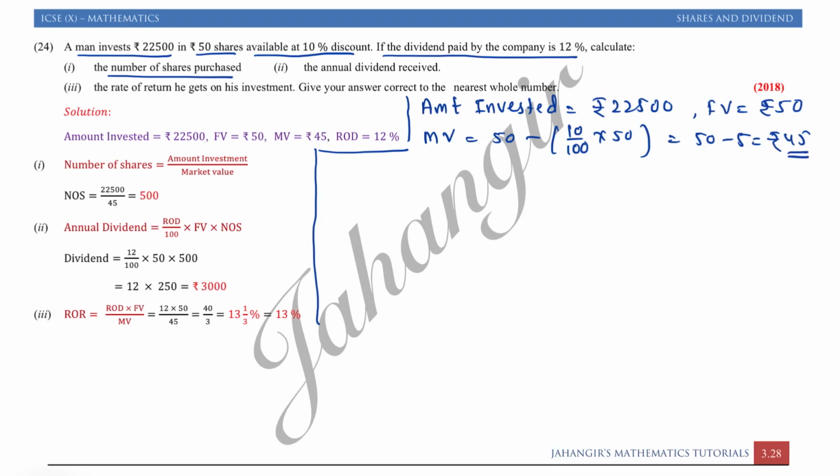So market value you got, face value we have, amount invested we have. The first part mein we have to find number of shares. The number of shares is equal to amount invested, that is 22,500 upon 45. Cancelling it, you will get 500. You got first. Second is annual dividend.